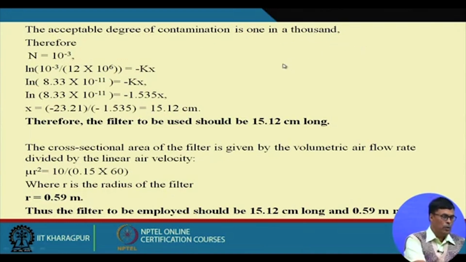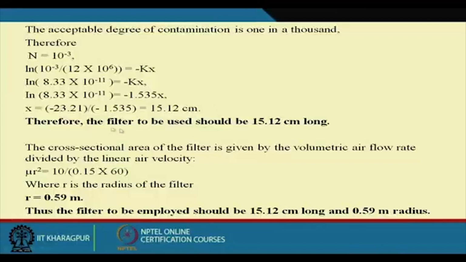I want to point out that when we design any kind of air filter, we have to assume whether we accept 1 out of 100, 1 out of 10,000, or 1 out of 100,000. As far as your process is concerned, you can decide on that basis and design your air filter.